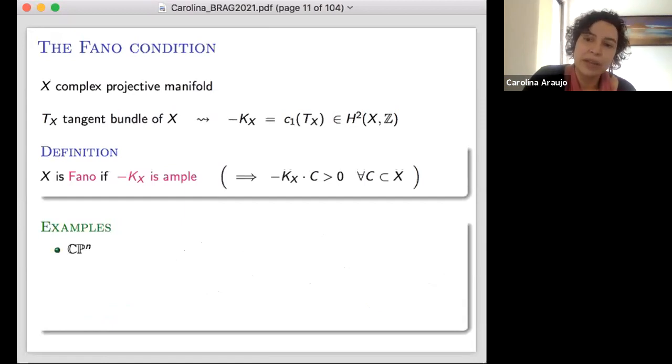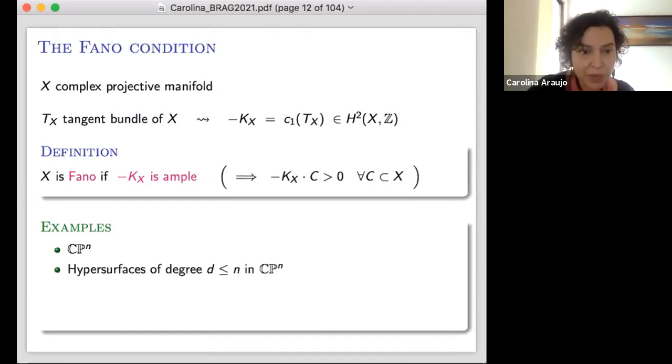Okay, in general, in arbitrary dimension, let me give you some examples of Fano manifolds. We have the projective space, probably the simplest example of a Fano manifold. Smooth hypersurfaces of small degree, and I'm going to be discussing those in more detail soon.